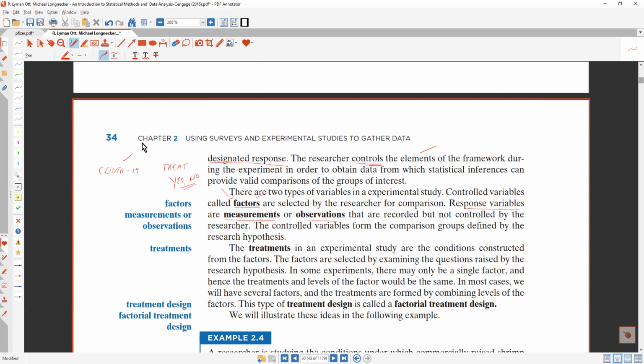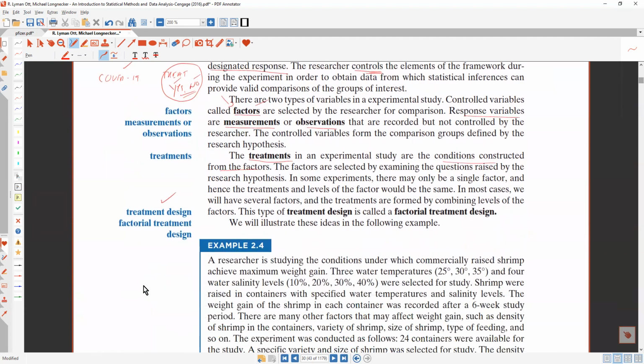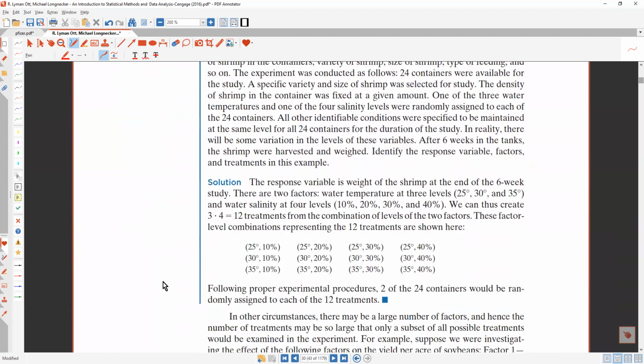So there's an example of that. The treatments in an experimental study are the conditions constructed from the factors. Well, there's our classic example for the COVID-19 example. Did they receive the treatment? Did they not receive the treatment? Okay. And this is called a treatment design because some people are getting the treatment and some people are not getting the treatment. So all of these things form the hallmark of what makes for good experimentation. And there's an example you can read up on as well.